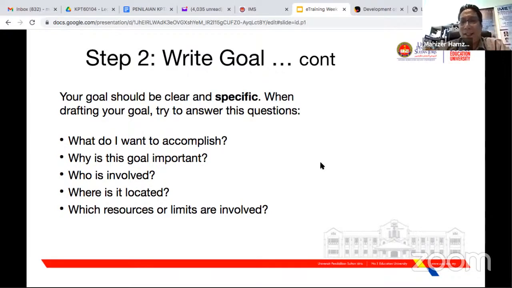Is there any limit or resource involved? For example, if you are involved with machinery, maybe for 3 or 4 weeks they do their theory learning based on basic knowledge, and you can do it online using e-training.